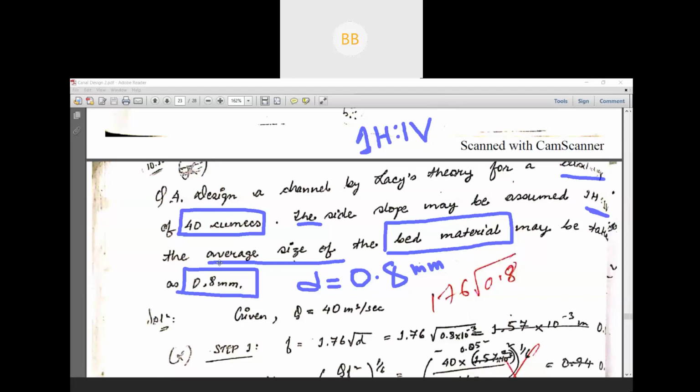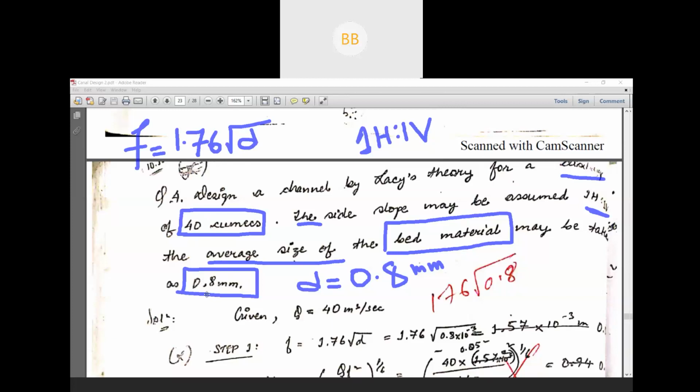This is nothing but 1.76 multiplied by root over d. This small d is the size of the bed material in mm. Here your bed material size is given in mm, so you can directly substitute here.